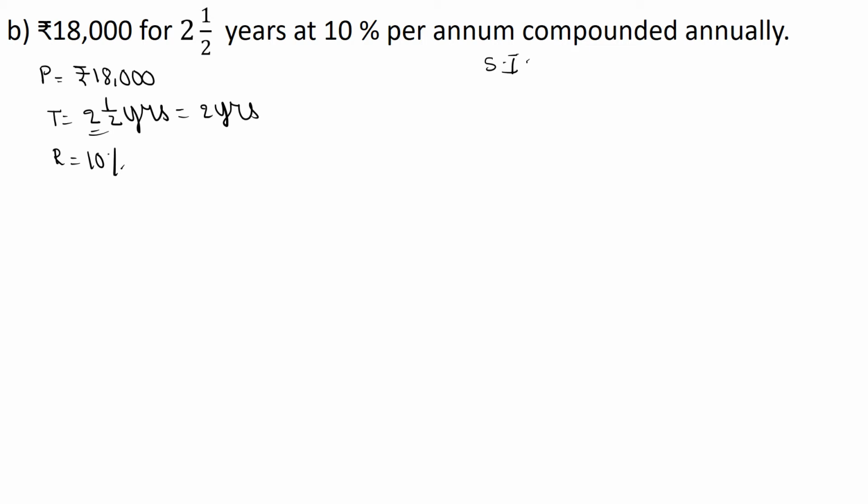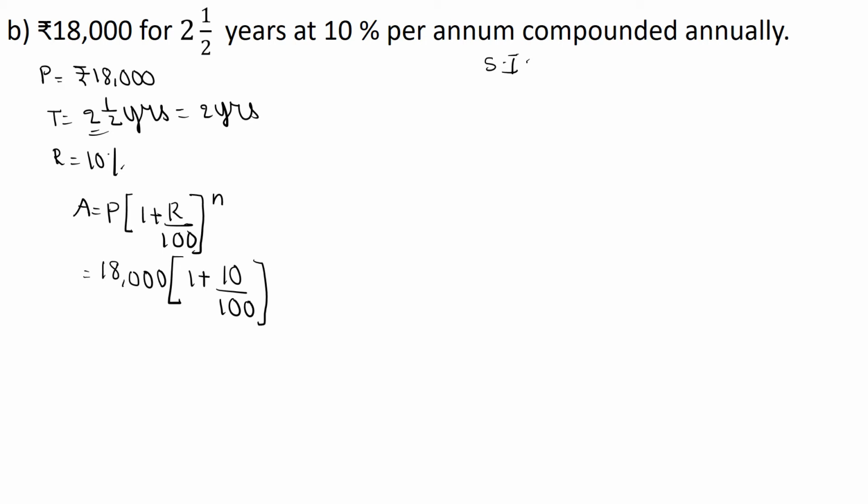Compound interest formula: A is equal to P (1 plus R by 100) whole power N. P is 18,000, 1 plus rate of interest 10%, that is 10 by 100, and time 2. Now 18,000, when we take LCM 1 and 100, we get 110 by 100 whole power 2.